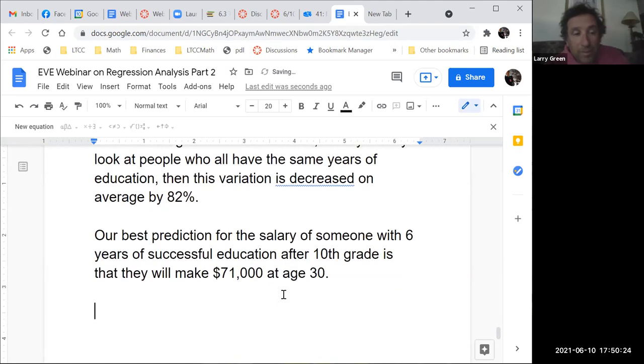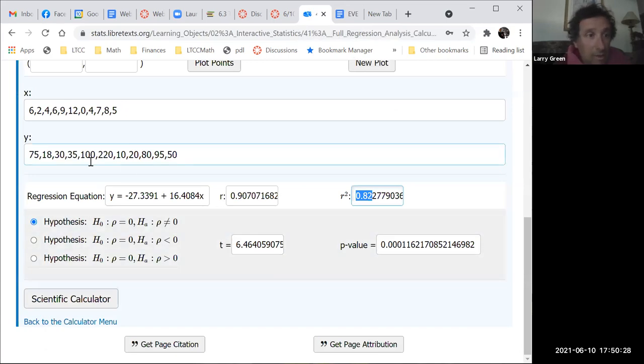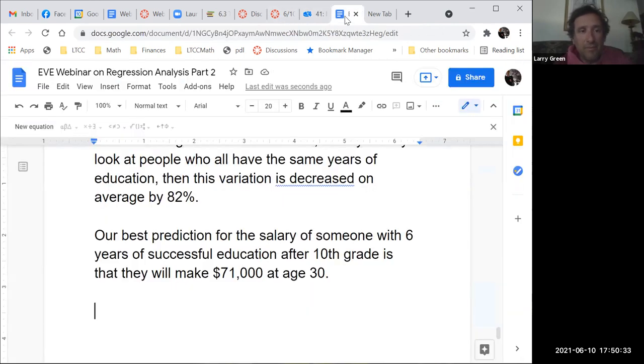Let's look at the slope. So now the slope was about 16. I'm just going to call it 16, and that's 16 over 1.